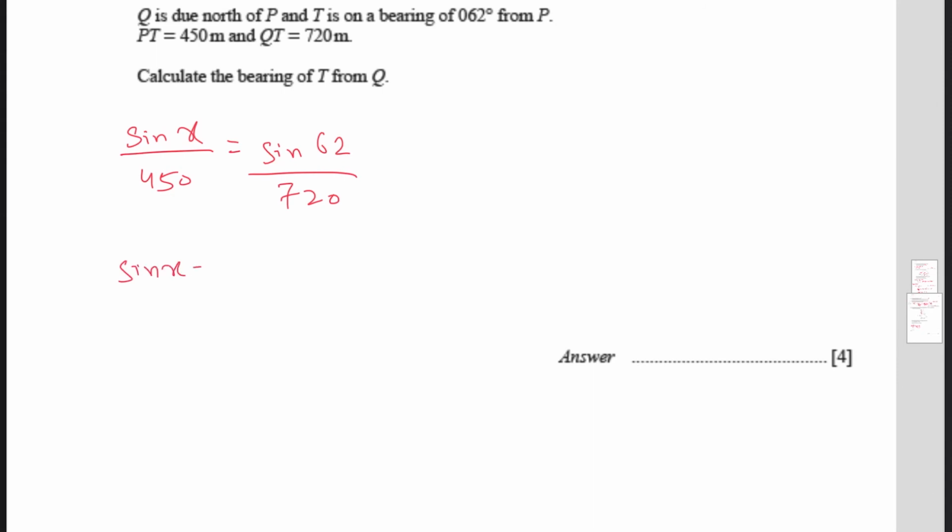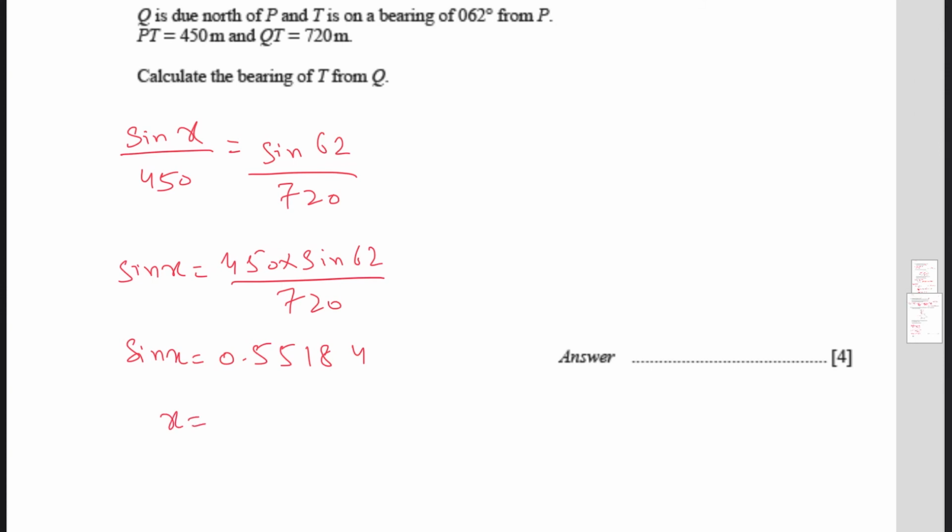So sine x would be equal to 450 times sine 62 divided by 720. We get 0.55184. Okay, I'm using the entire value.